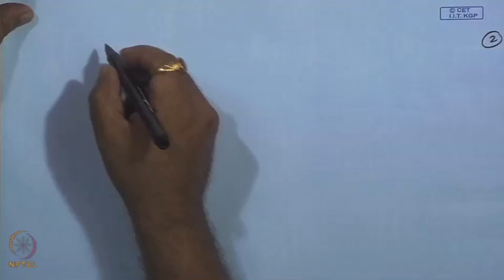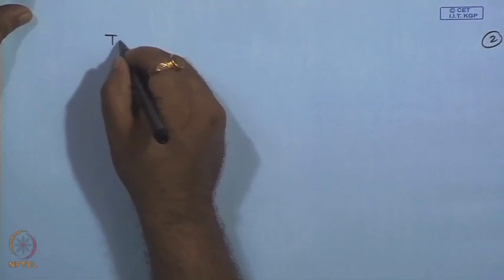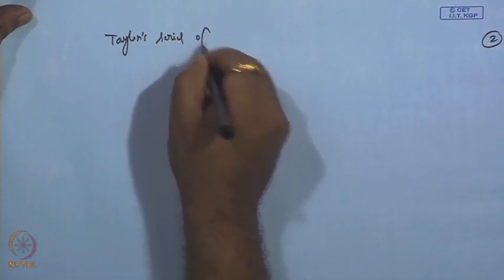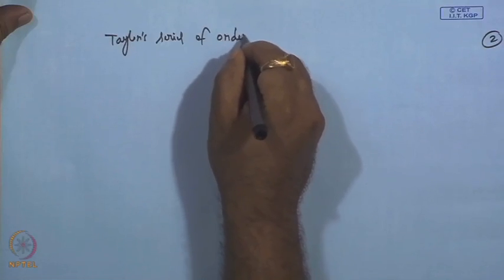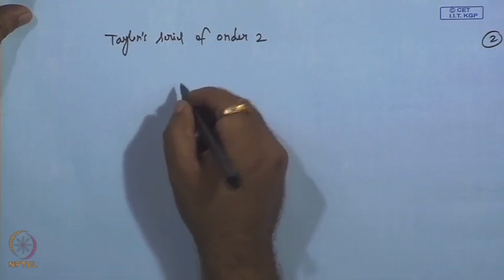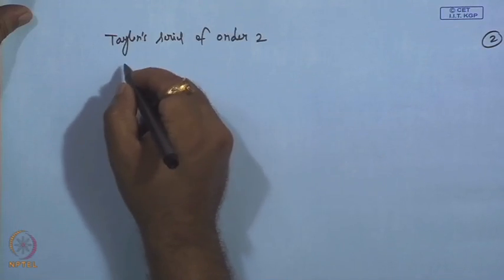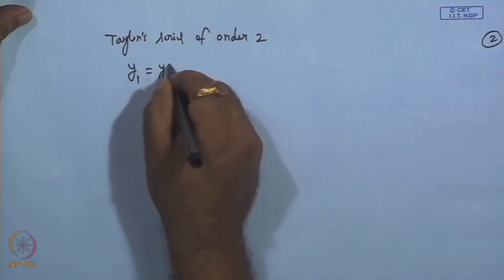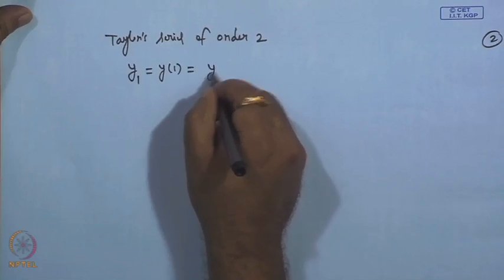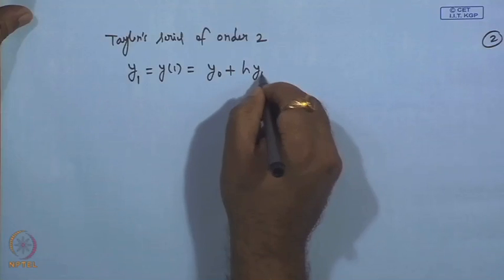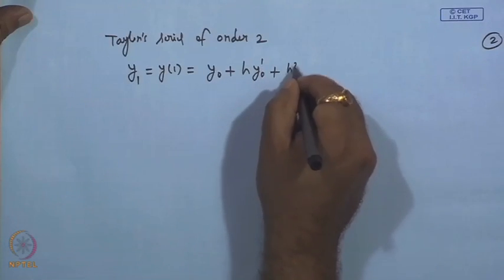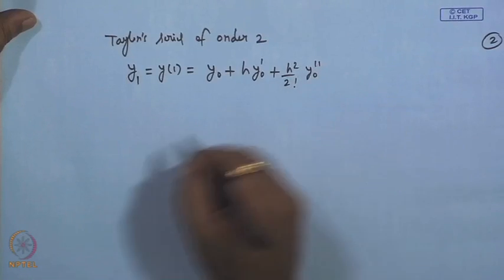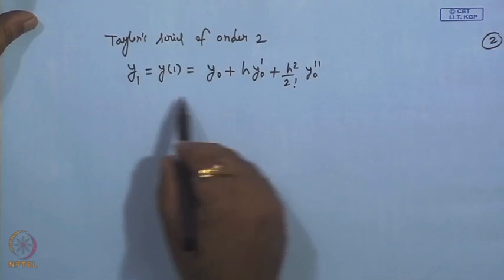Taylor series of order 2: y 1 equals y 0 plus h y 0 prime plus h square by 2 factorial y 0 double prime.